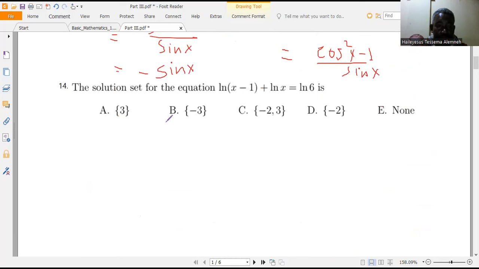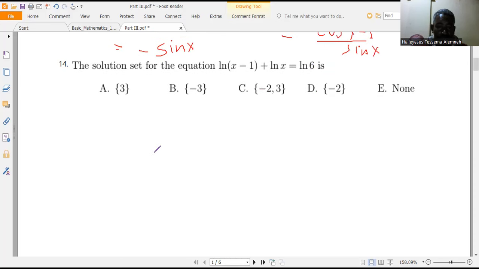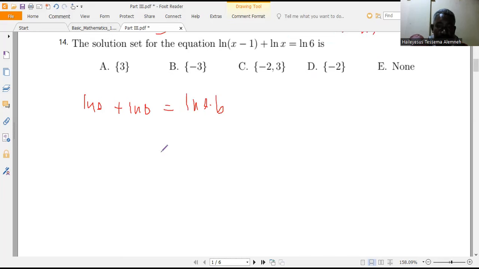The next one: the solution set for the equation ln(x minus 1) plus ln x is equal to ln 6. We know that ln A plus ln B can be written as ln of A times B. We can use this property of ln.